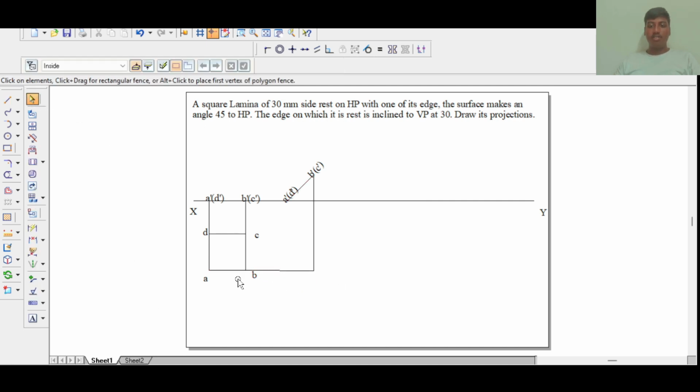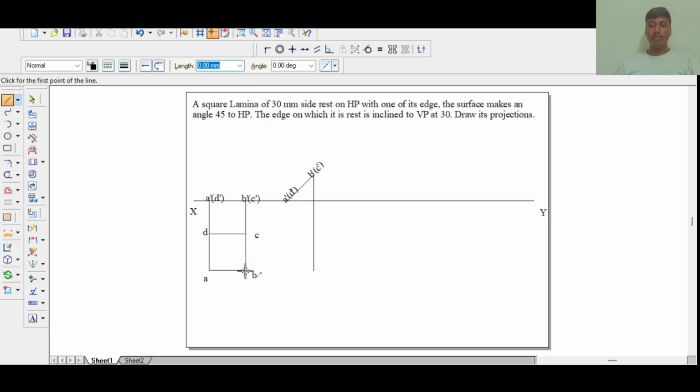As the line drawn is not proper, it is a bit distorted here. So delete the line and then from corner B take 0 degrees and then draw until the point. Same from C to the point, and then draw from A dash D dash until the projected line from B.